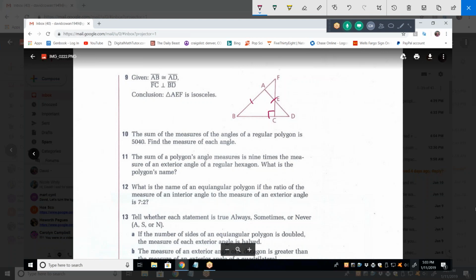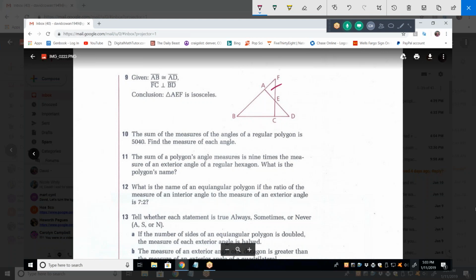And we're trying to prove that AEF is isosceles. This could be tricky. Well, the best way to try to do these problems is to what? Where do I start? With another one of the triangles. Well, how am I going to prove that that triangle is isosceles?